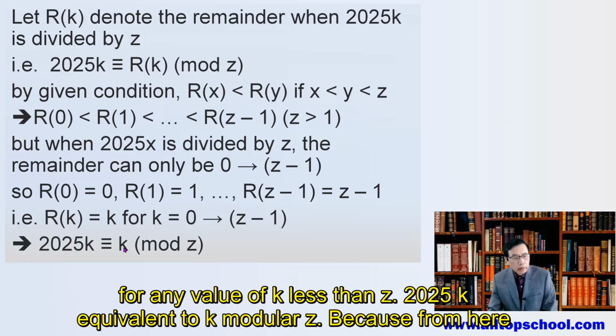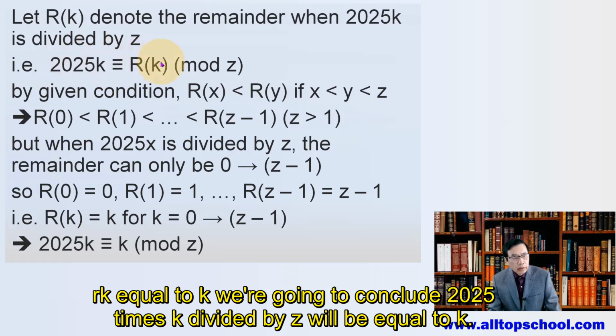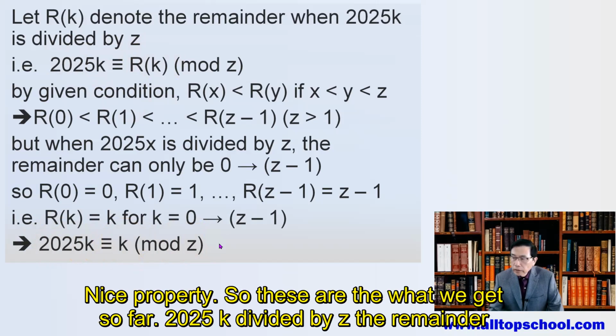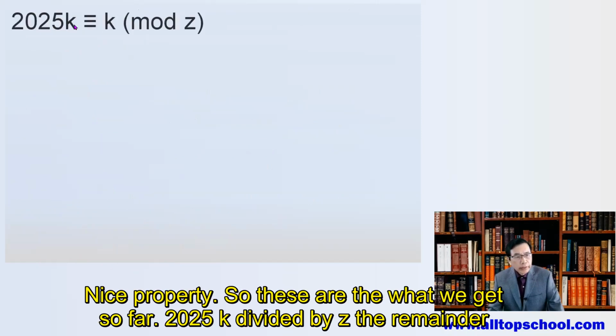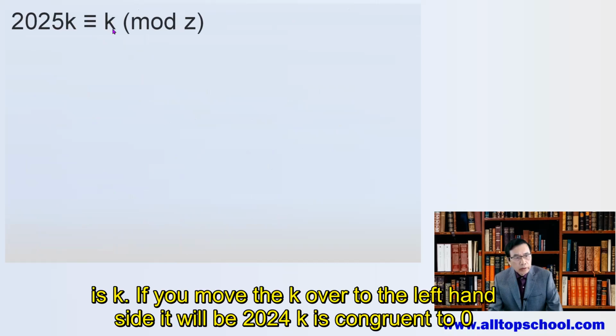So 2025k is equivalent to k modulo z, because from r_k equal to k, we conclude 2025 times k divided by z has remainder k. That's the property. So this is what we get so far: 2025k divided by z, the remainder is k.